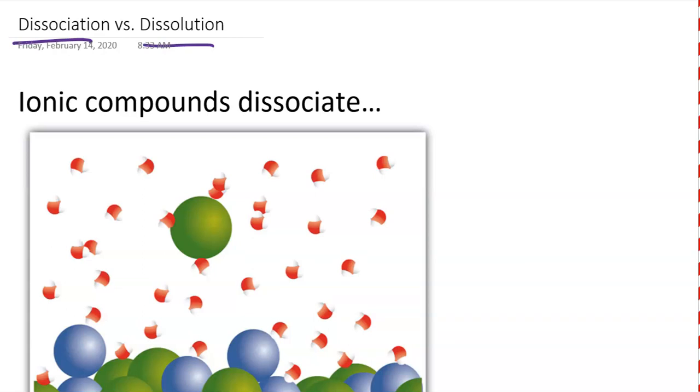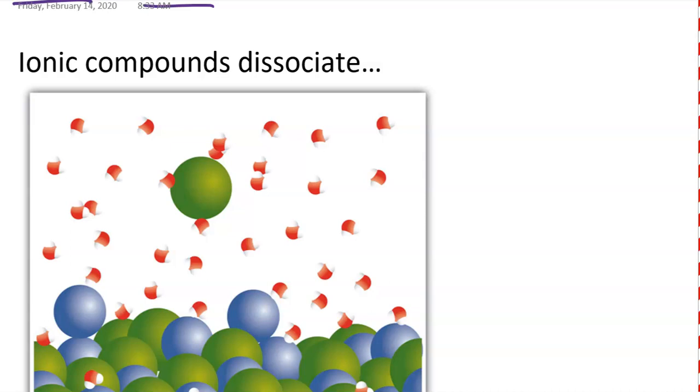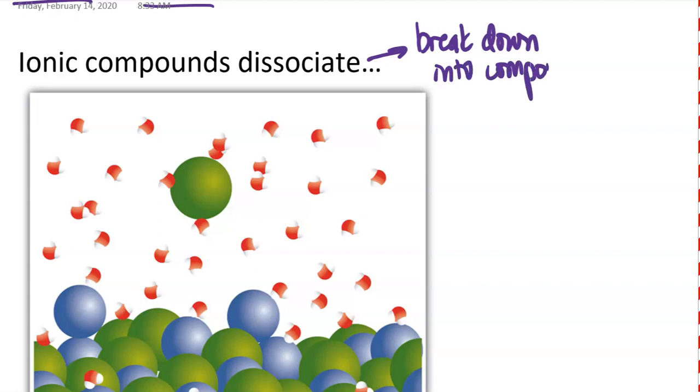And so the first thing that you should be aware of is that ionic compounds dissociate. And what it means to dissociate, it means that these ionic compounds break down into the component ions present within the ionic compound.